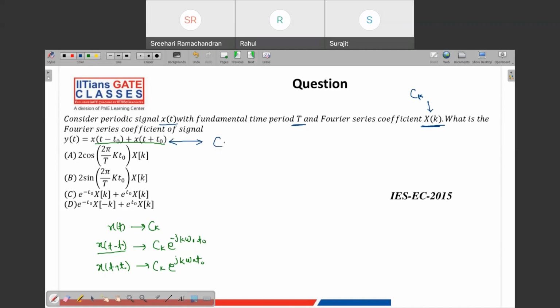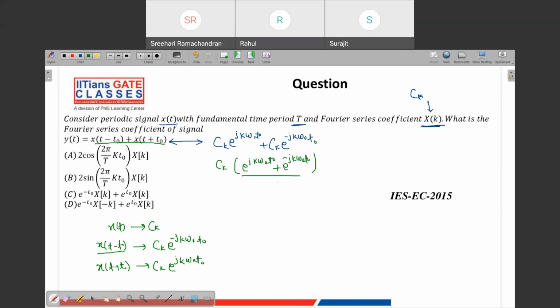So the Fourier coefficient will be c of k e to the power j k omega naught t naught plus c of k e to the power minus j k omega naught t naught. Now we can take c of k common, and write it as e to the power j k omega naught t naught plus e to the power minus j k omega naught t naught.